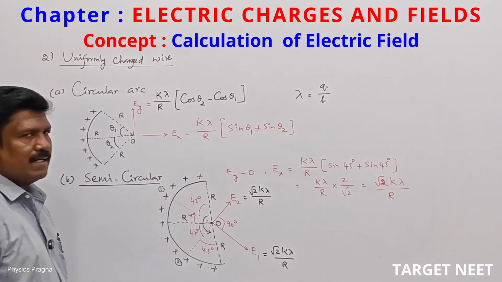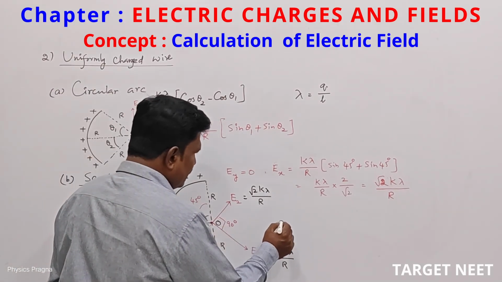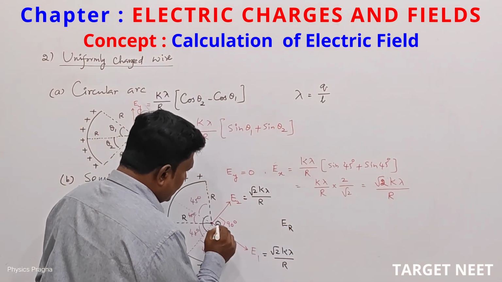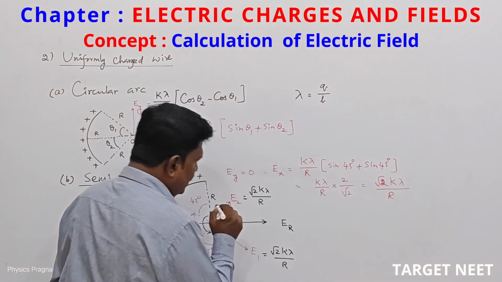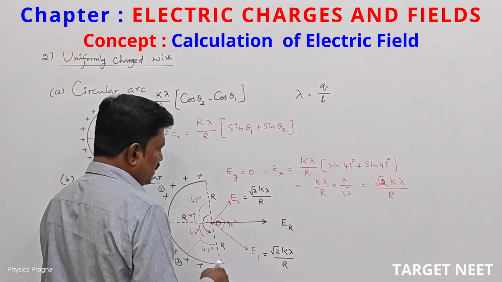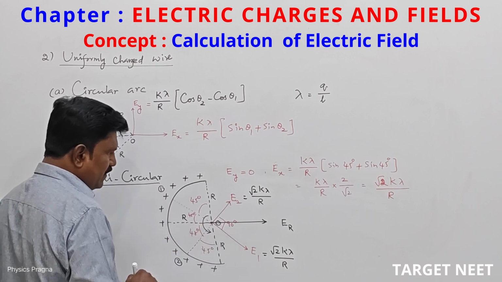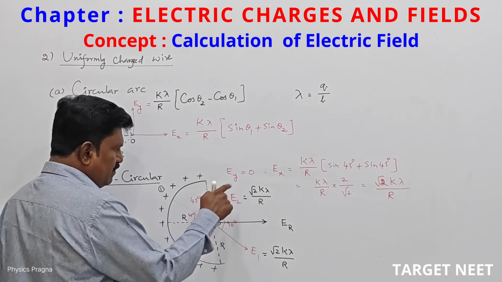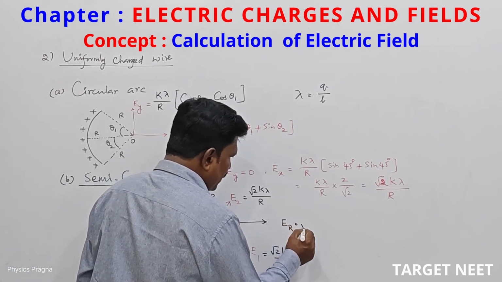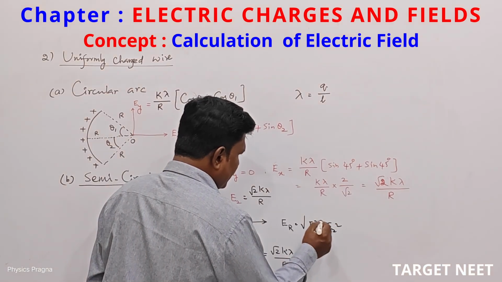Both vectors are the same and the angle between them is equal to 90 degrees. Then the resultant electric field direction is this, away from positive. So for the first arc, this is the direction of electric field. For the second arc, this is the direction of electric field. Y component became 0 in this case, so only x components are there. That is equal to root of E1 square plus E2 square.